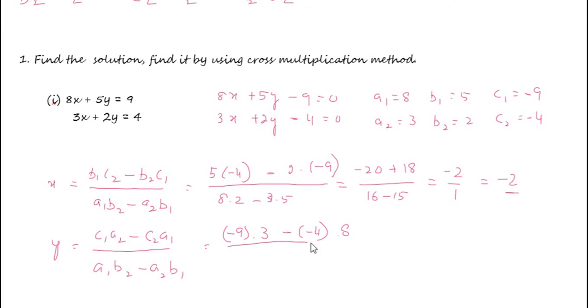The denominator value is 1, so we can just write it as 1. So minus 9 into 3 is minus 27, minus of minus 32 is plus 32, divided by 1. So this is 32 minus 27, which is equal to 5. You have the value of x equal to minus 2 and the value of y equal to 5.